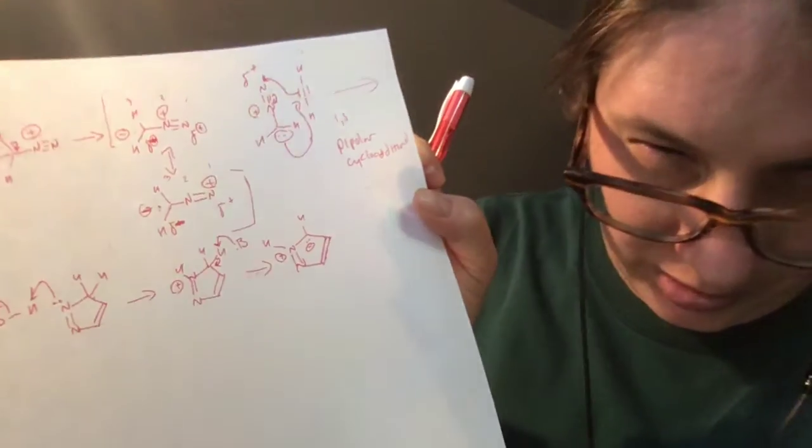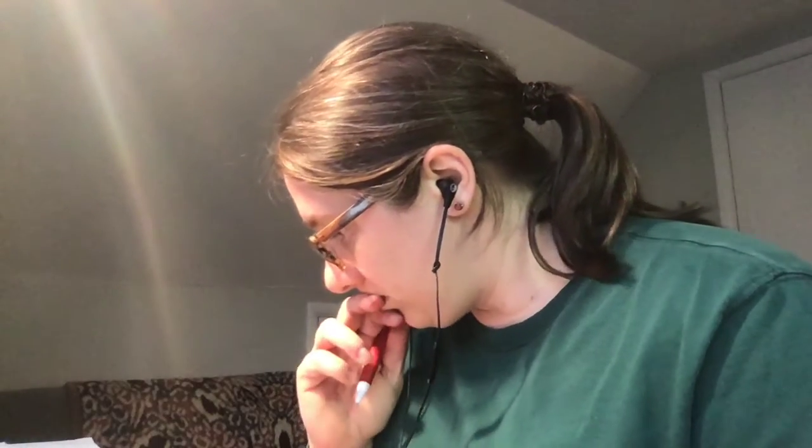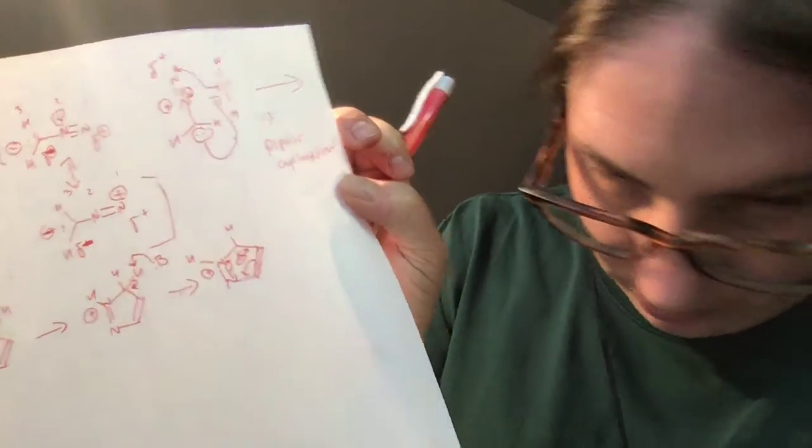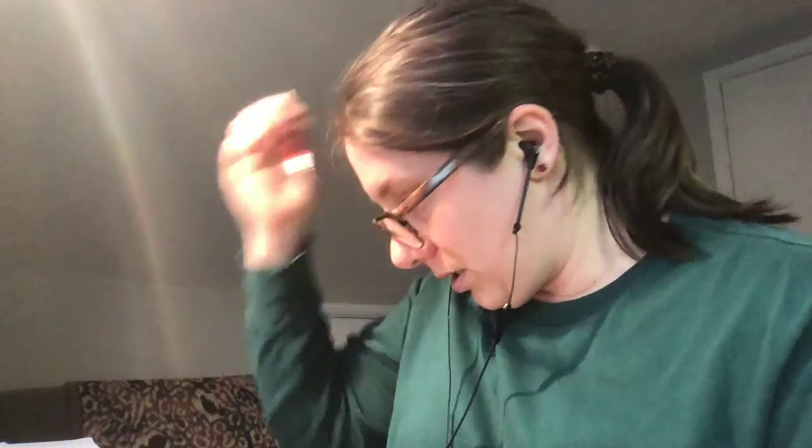So get the anion there. And now we can push that around the ring. Push that all around the ring and get our pyrazole.